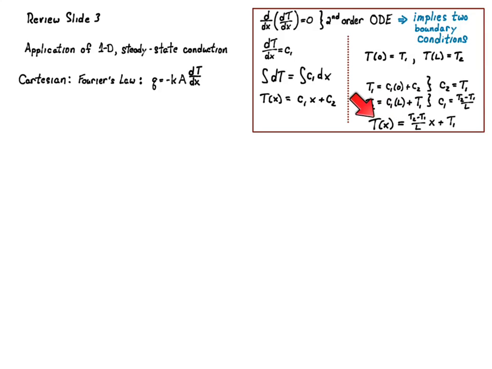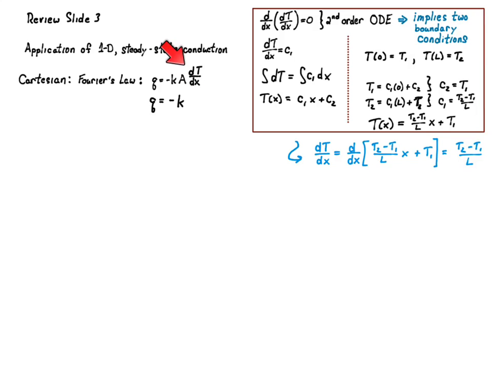Now that we have this temperature as a function of x, we can take the derivative of it with respect to x. In this case, it works out to a relatively simple value, again (T2 minus T1) over L, which, as we expect, is a constant. We're going to take that value and utilize it in Fourier's law to give us an expression that we can evaluate.